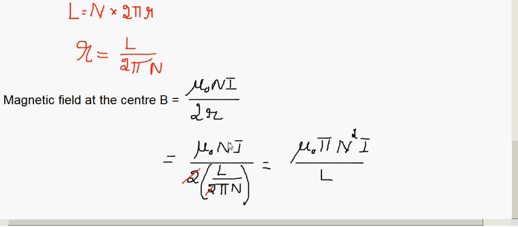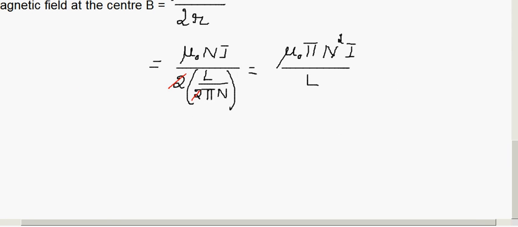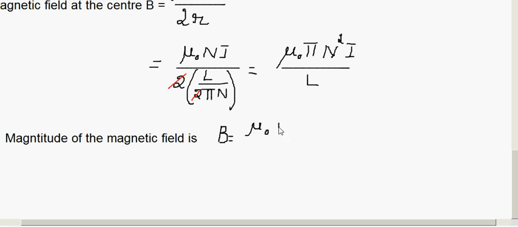Therefore mu naught pi n square into I by L. The magnitude of the magnetic field is B is equal to mu naught pi n square into I by L.